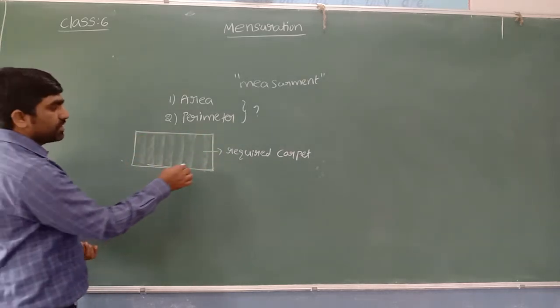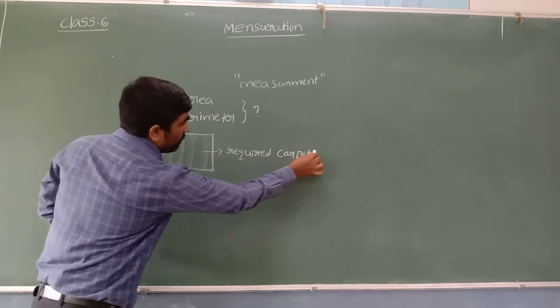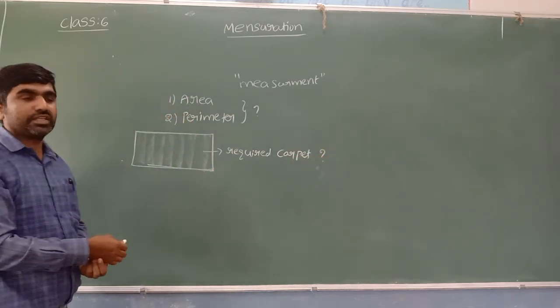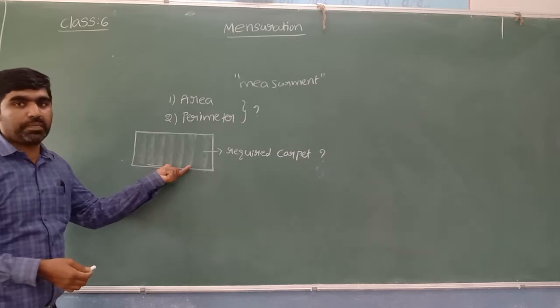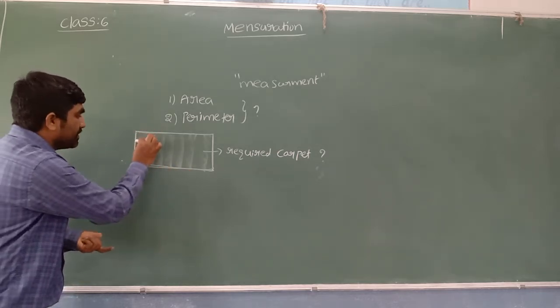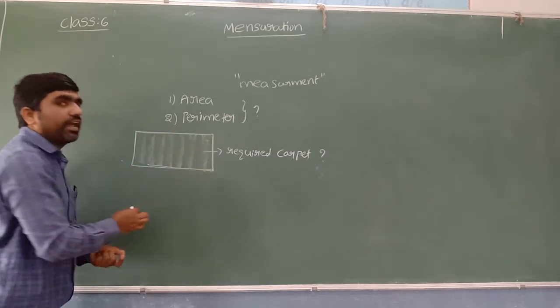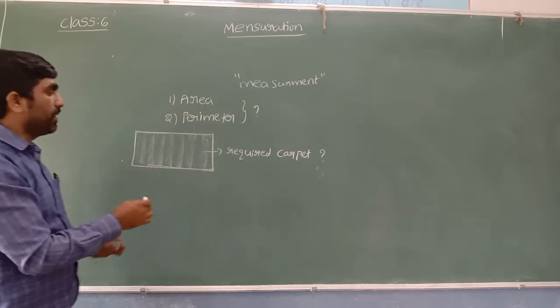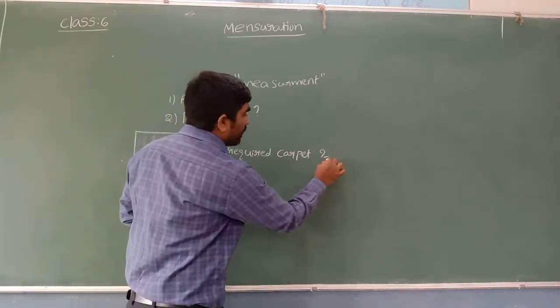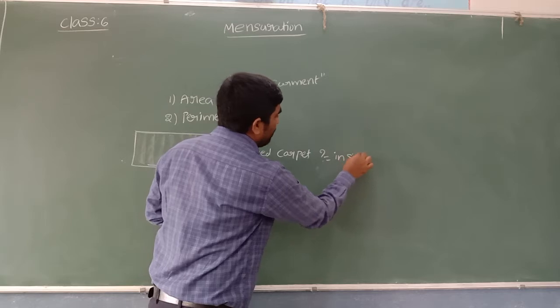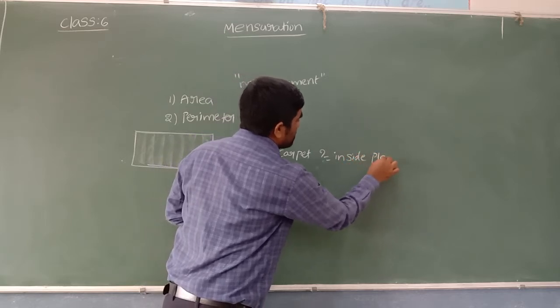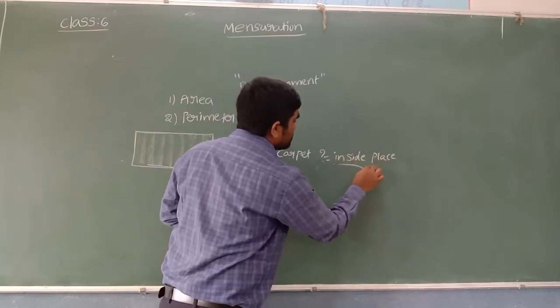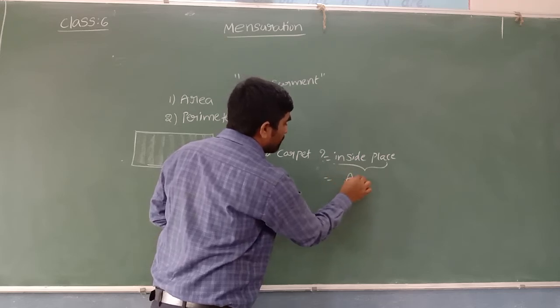Now what do we call this inside place? How can I find the required carpet? Yes, to know the required carpet, first we have to find the inside place of this rectangular region. What do we call that inside place?